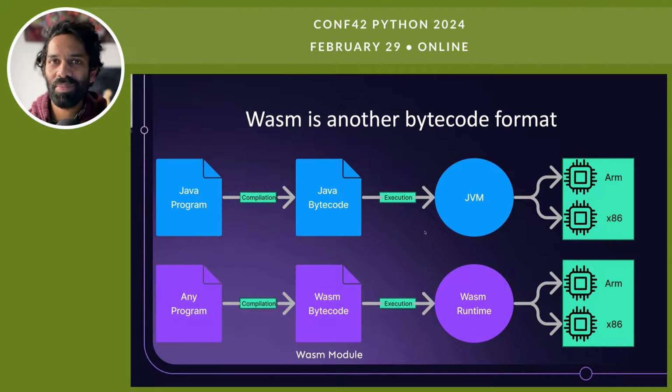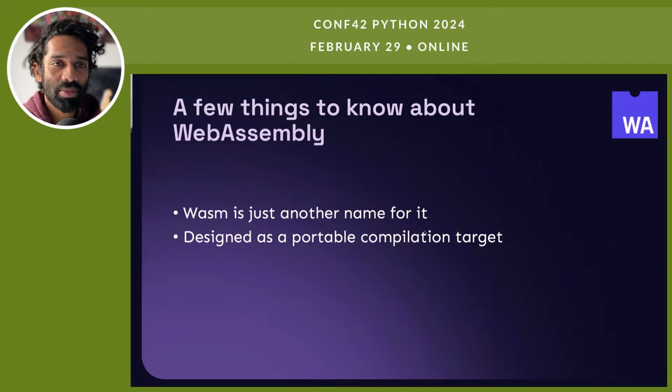Now this WebAssembly bytecode is the new format that I was talking to you about. It is a wasm module, and that could be executed anywhere that has a WebAssembly runtime. And this runtime, like I said, could be executed on ARM, x86, Windows, Mac, Linux, Raspberry Pi, Kubernetes, whatever, right? So you can write code in any language. So that essentially is WebAssembly.